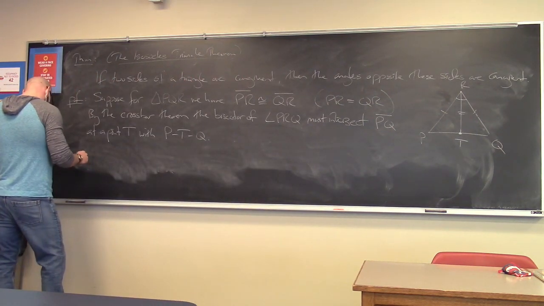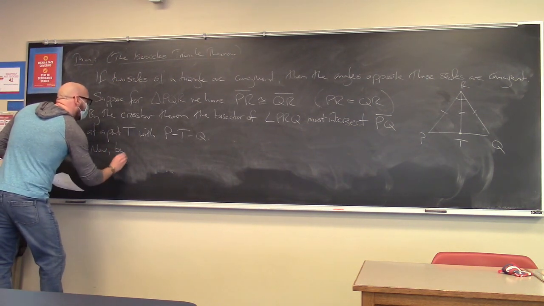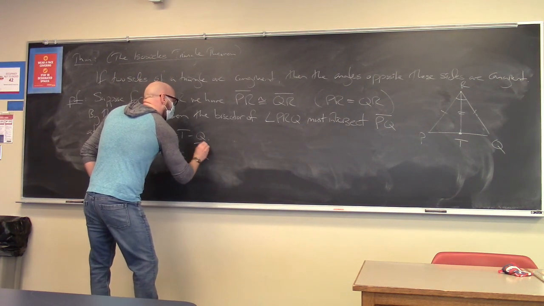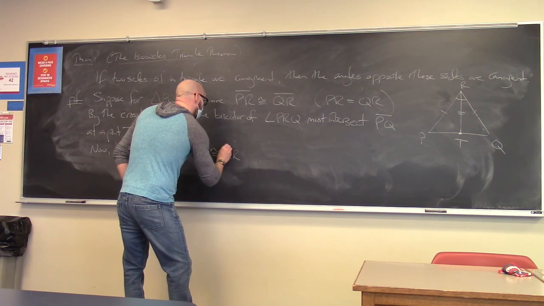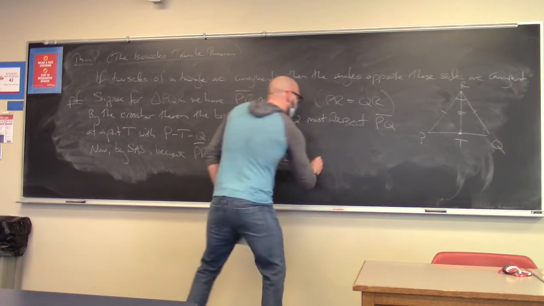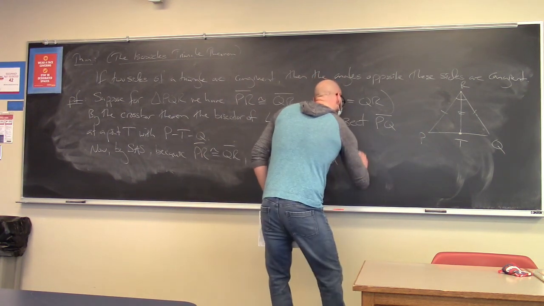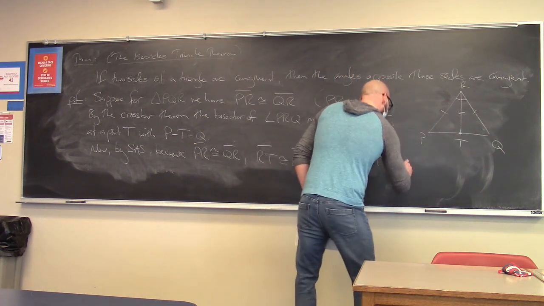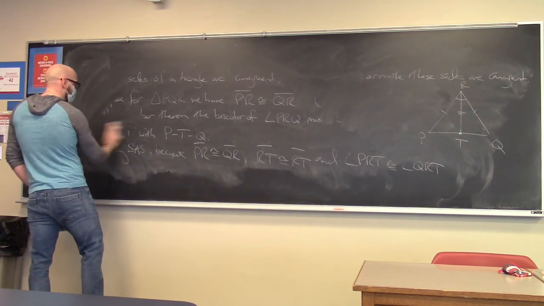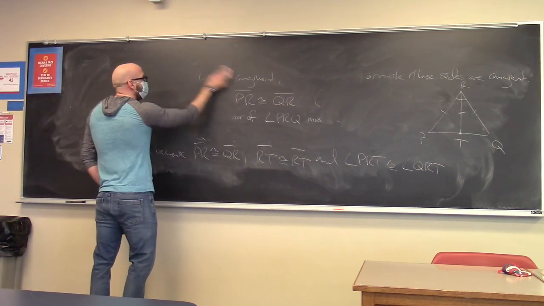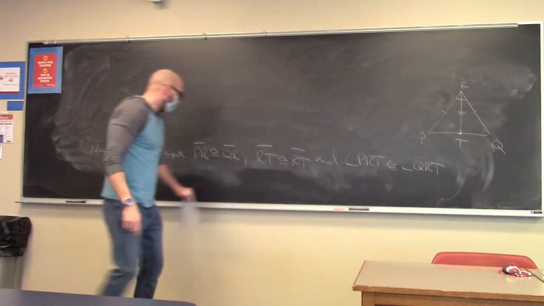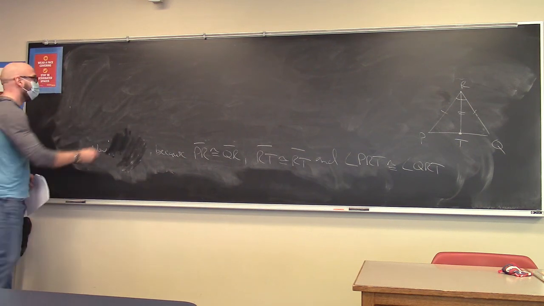Now, because PR is congruent with QR, RT is congruent with RT, and angle PRT is congruent with angle QRT, then we'll invoke SAS.